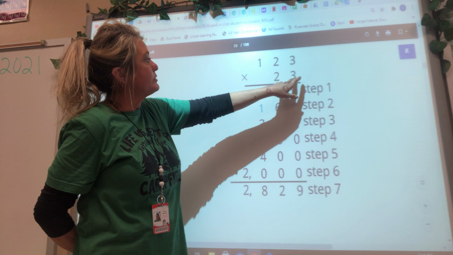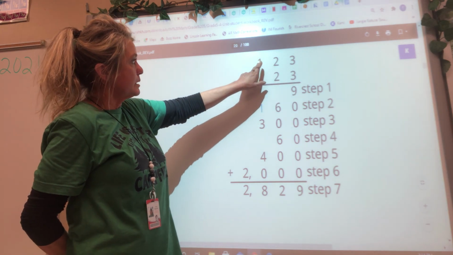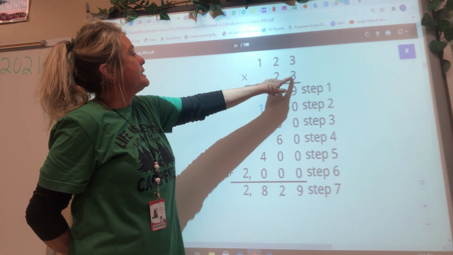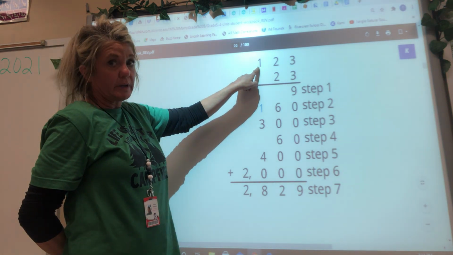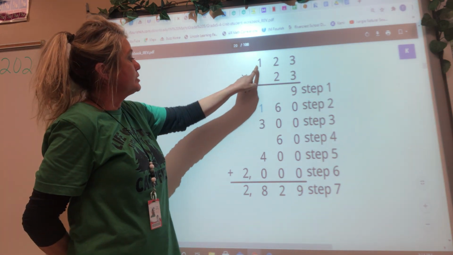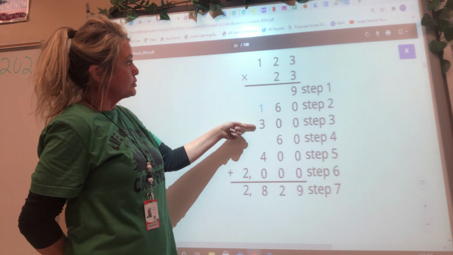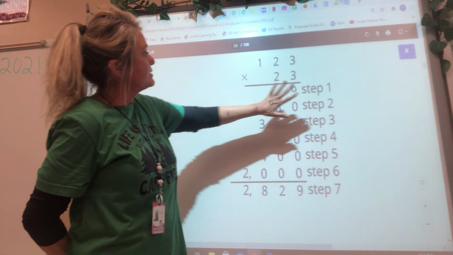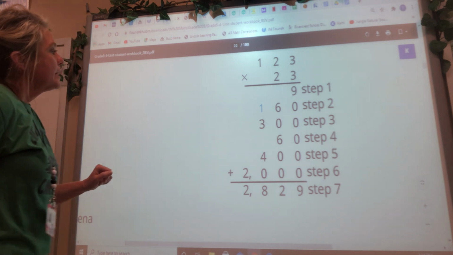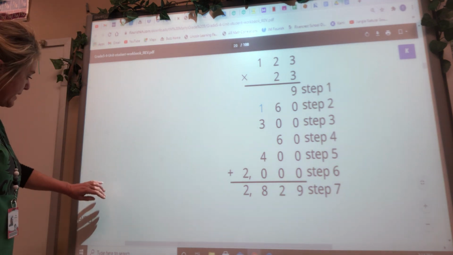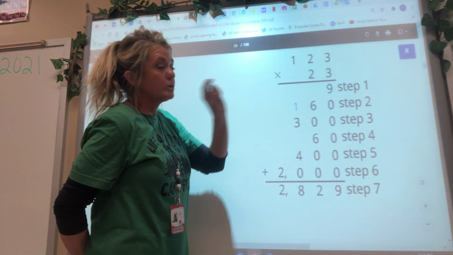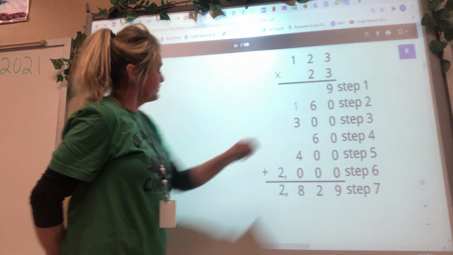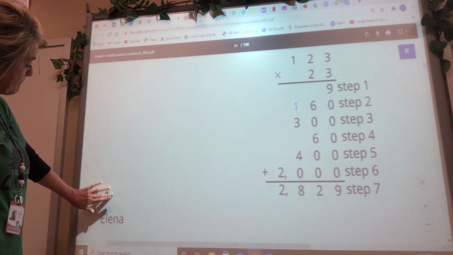And then you have to multiply this number times this number. 3 times 1, but the 1 is in the hundreds place, so it will be 3 times 100, which gives us the 300. So that's where Diego got this first set of numbers. And it wants us to compare that to one that Elena did. First, just looking at the first three numbers.